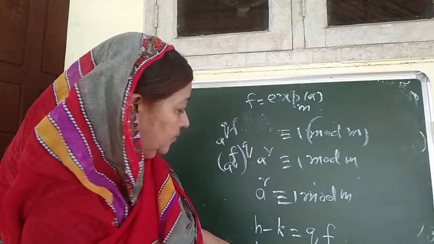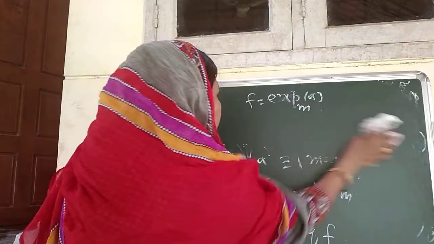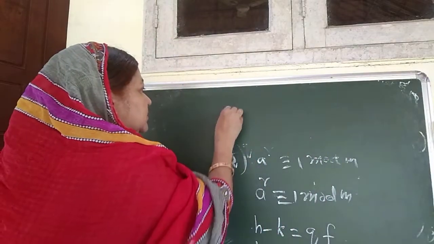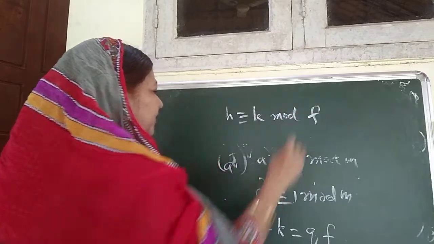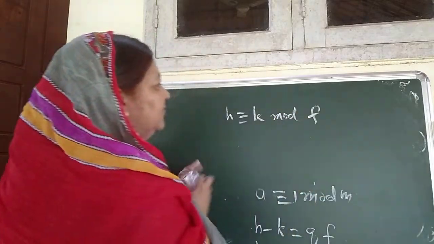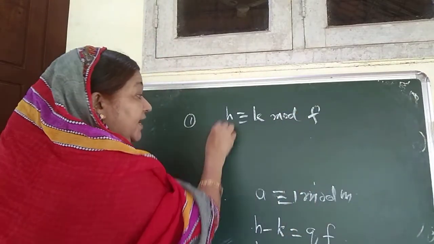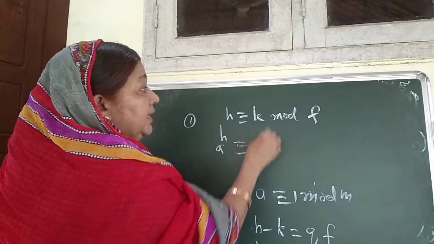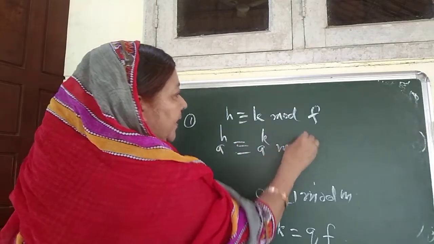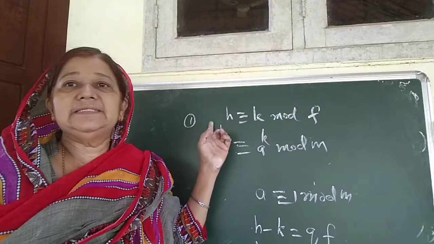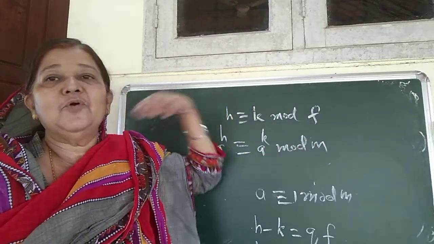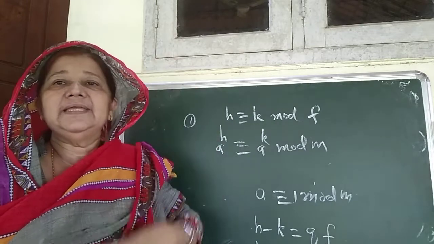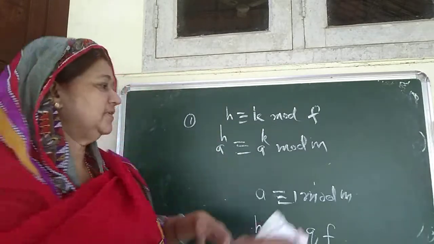Or h is congruent to k modulo f. If we have the first property, if a raised to h is congruent to a raised to k modulo m, then h is congruent to k modulo f, where f is the exponent m of a. That is the first property.